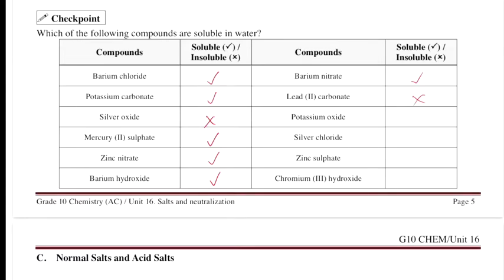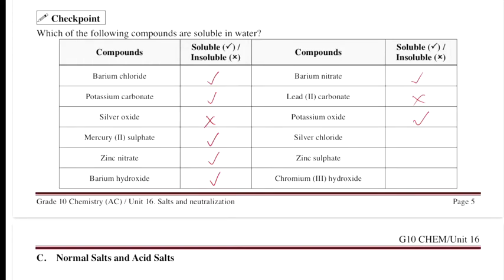Next one, potassium oxide. Group 1 oxides are always soluble. Next one, silver chloride. Again, for chloride, you need to remember 2 special cases. ABC PEP, so the AP at the end represents silver and lead.